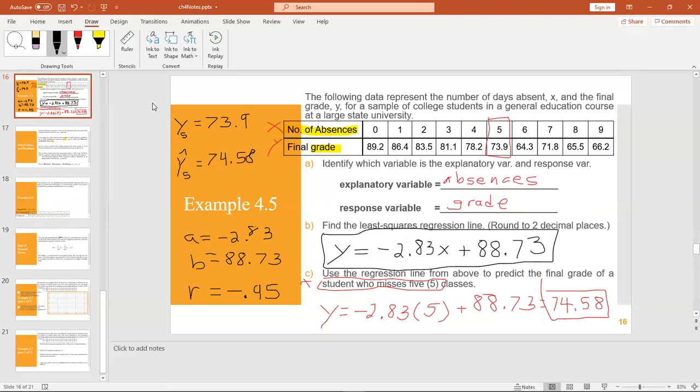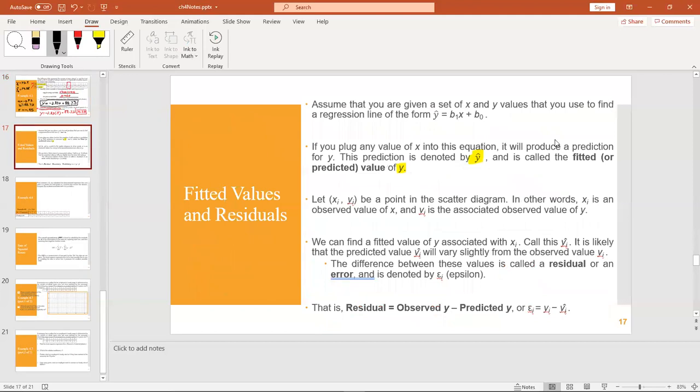So putting the little hat on top is a way to distinguish the prediction from the actual value from the data. So then you've got any point on the scatter diagram, and you've got like x sub i and y sub i. So again, I was talking about y sub 5, which is the observed value at 5, as opposed to y hat sub 5, which is the predicted value at 5.